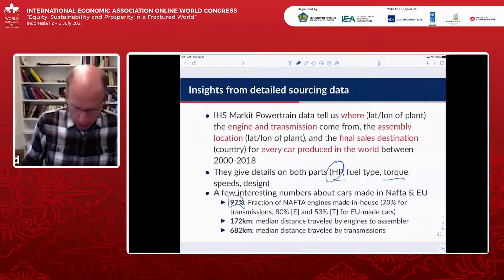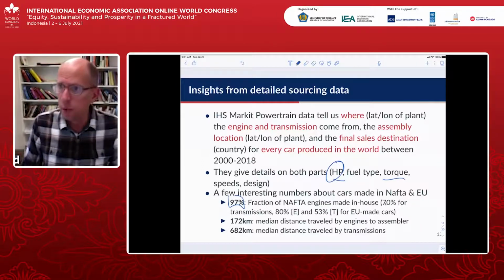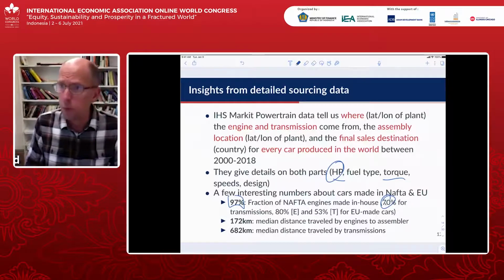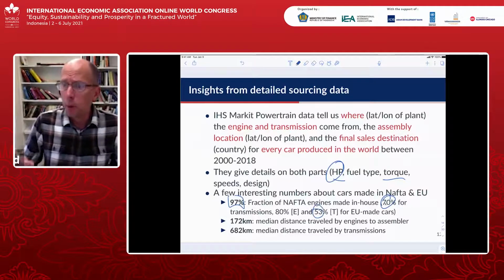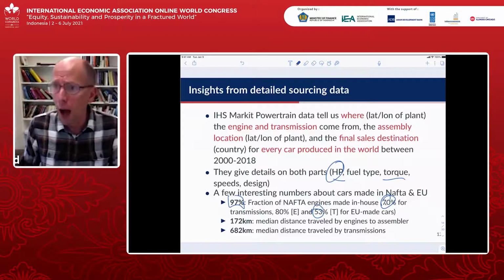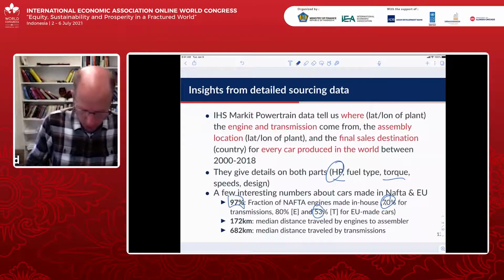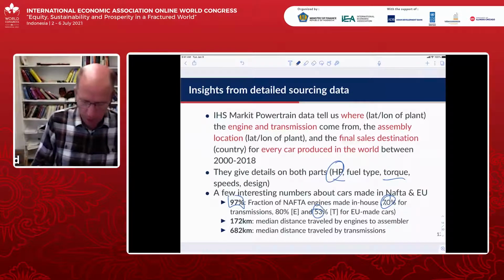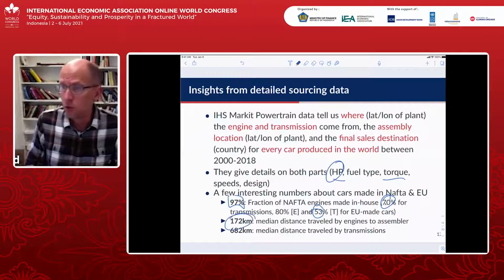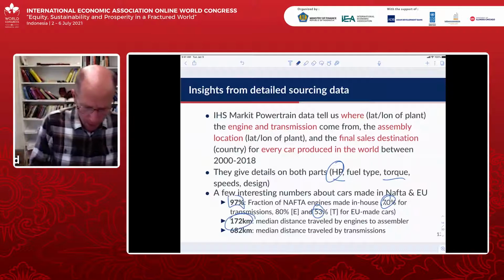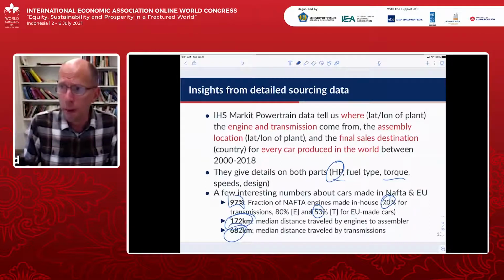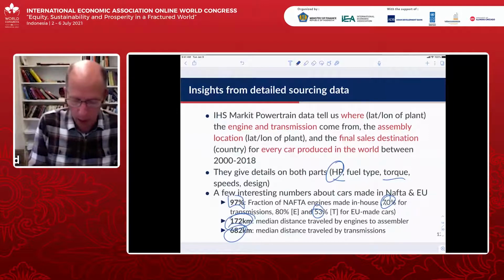When you're thinking about transmissions, it's about 70% in-house in North America, which is still pretty big, only 53% in Europe, but it's lower. So you're more likely to go outside the firm for a transmission. And then related to that, I think, the median distance traveled by an engine is less than 200 kilometers, where the median distance traveled by a transmission is close to 700 kilometers. So these are sort of background facts I think are interesting in their own right and will kind of inform the whole process.